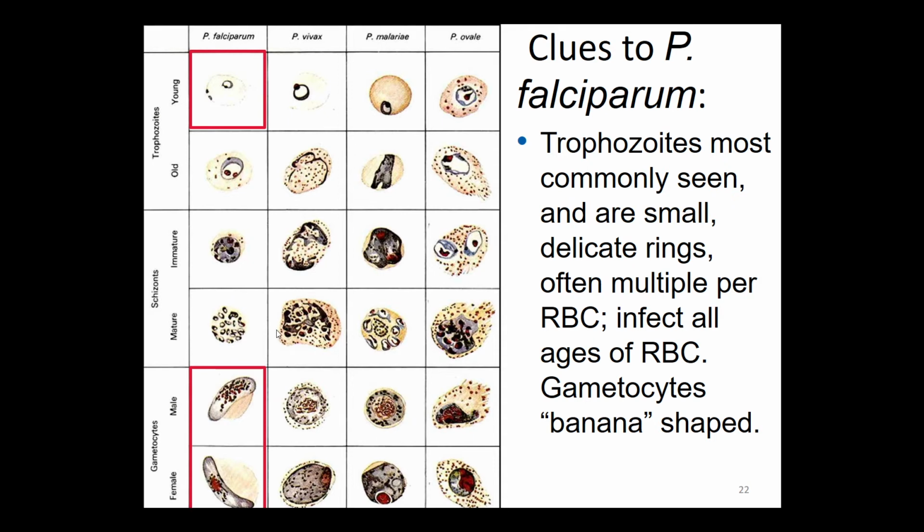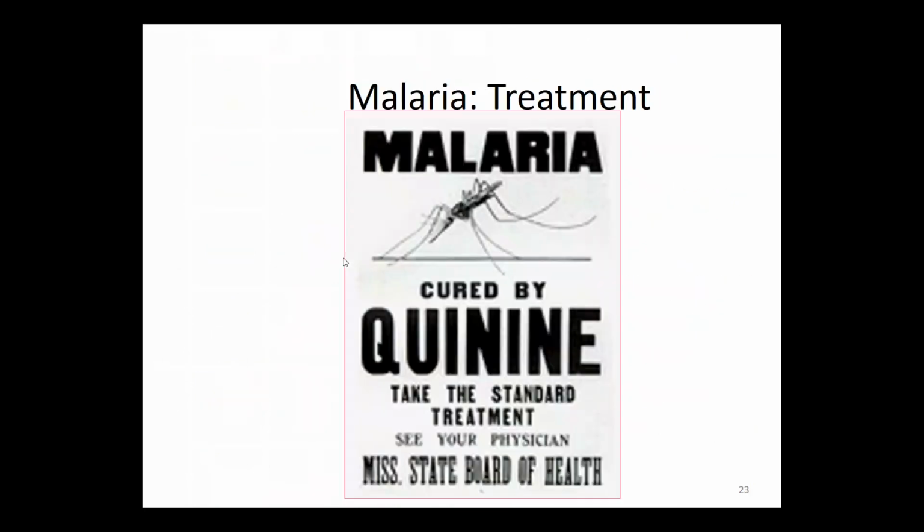But in tropical malaria, you will probably see in peripheral blood only young trophozoites and gametocytes, male and female, banana shaped. Other immature and mature schizonts and old trophozoites you probably won't see, only in a super severe form of malaria.